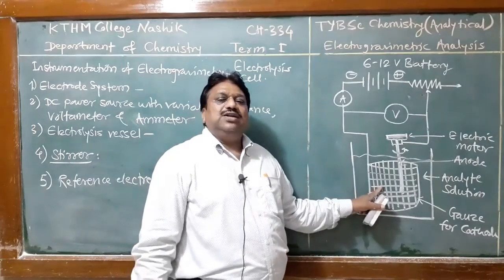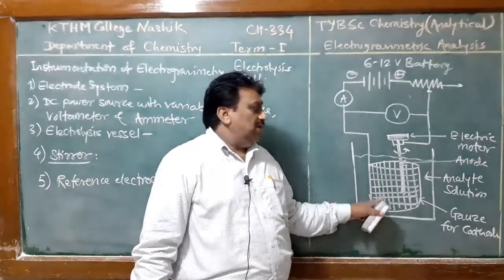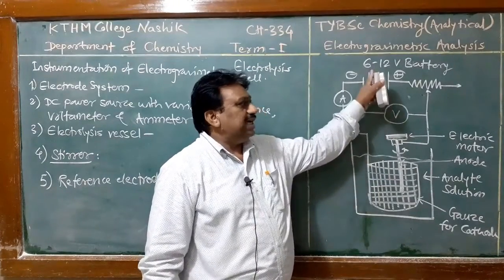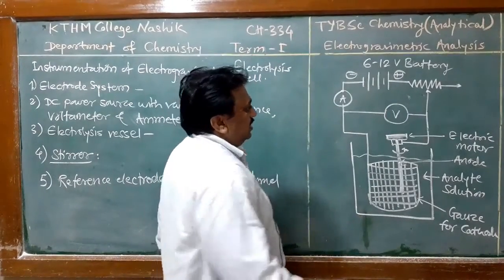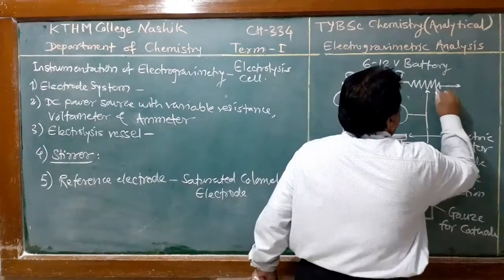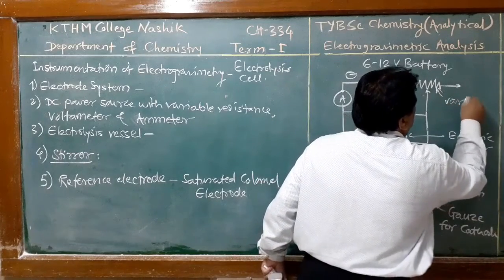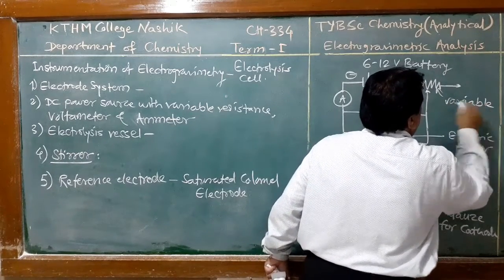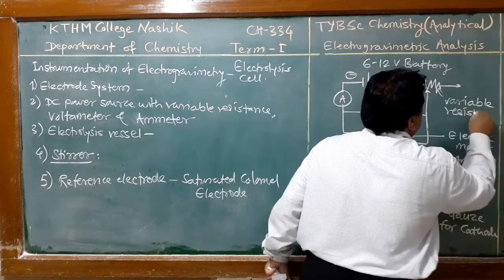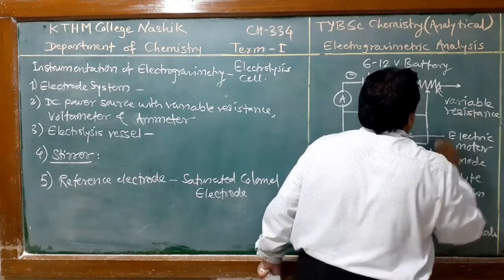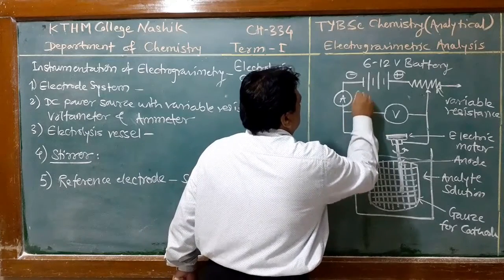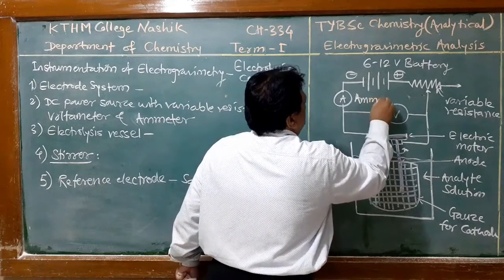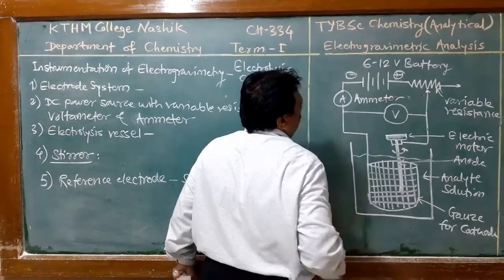That should not undergo any reaction with the analyte, and that should be stable to the applied potential. Therefore, here this is a variable resistance, or you may say a rheostat. This is a current meter, ammeter. This is a voltmeter.